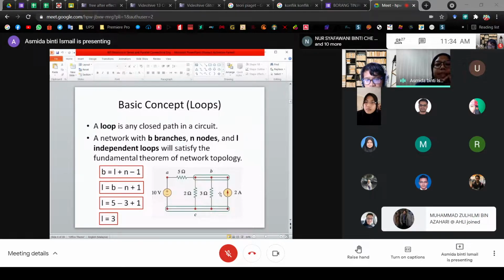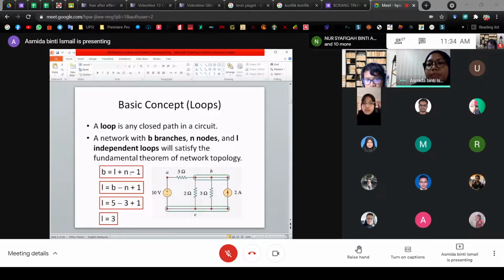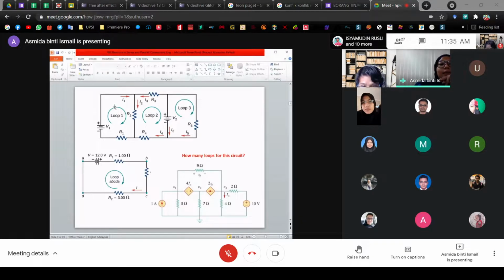Okay, this is the formula how to calculate the number of loops. Actually, we rarely use this formula, because if you look at the circuit, we automatically know how much the loop we have. If you look at this circuit, we know there is 3 loops.